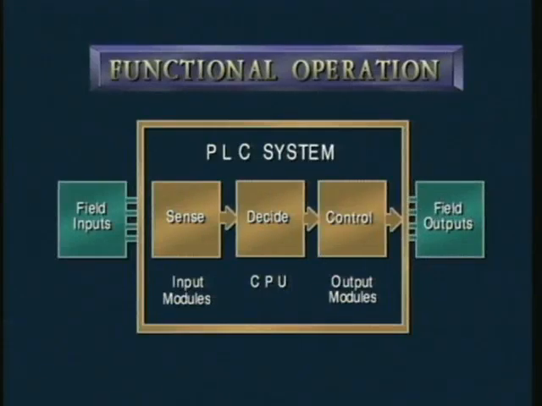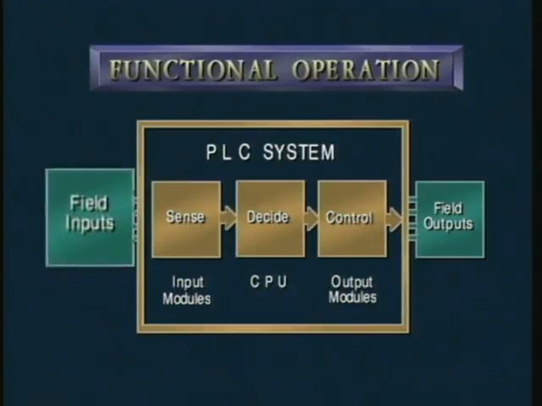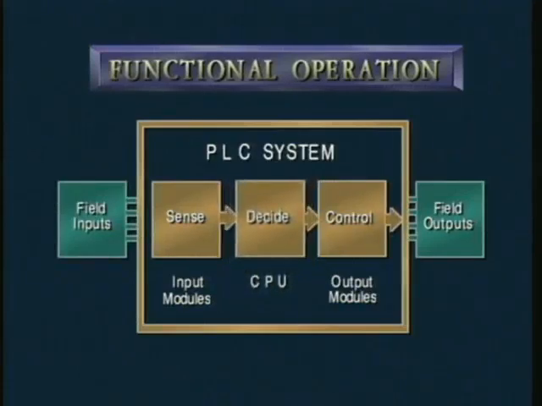To summarize, the primary functions of the input interfaces are to allow interfacing to field sensing devices, sense signals from connected field inputs, pass a recognized signal to the CPU, and provide isolation, or no physical or electrical connection, between field input devices and the CPU, which decides, according to a program, how to provide control to output devices via output interfaces, whose functions include allowing interfacing to field controlling devices, receiving output commands from the CPU, providing control signals to field devices, and also providing isolation between the field output devices and the CPU.